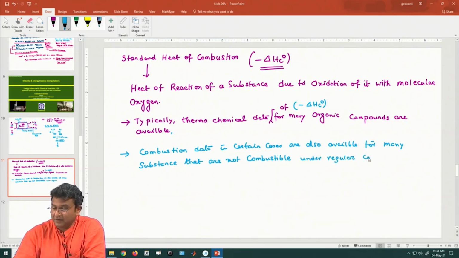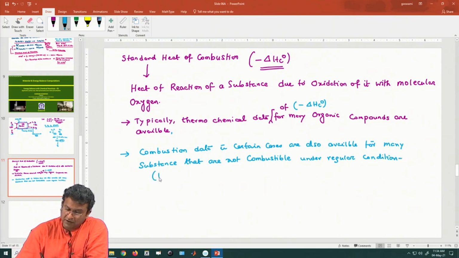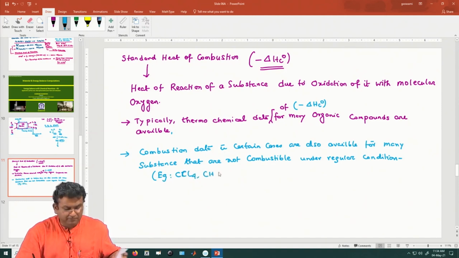This is just for your knowledge, but this is a very interesting one. Examples of which include CCl4, chloroform and stuff like that, right.